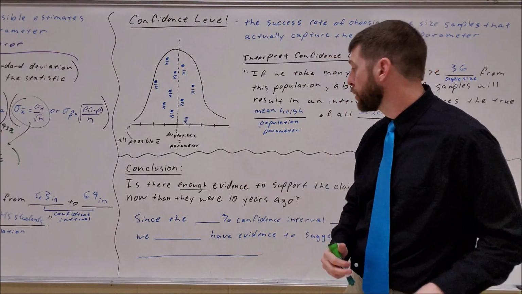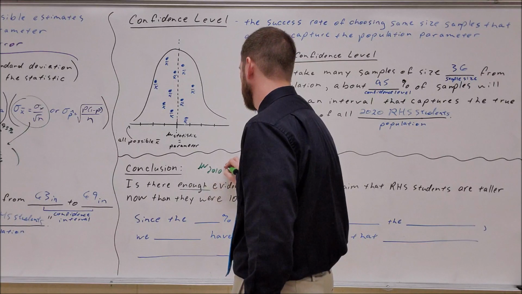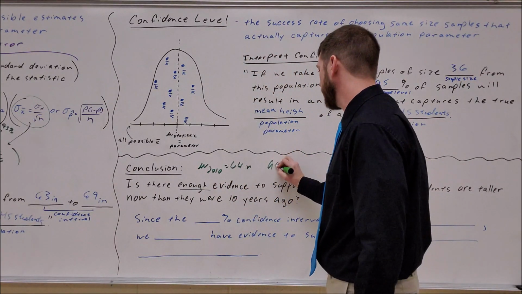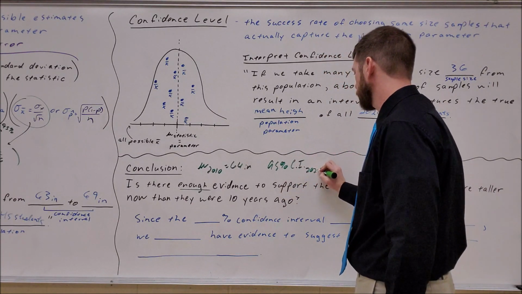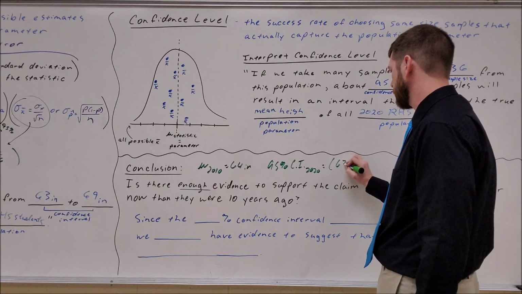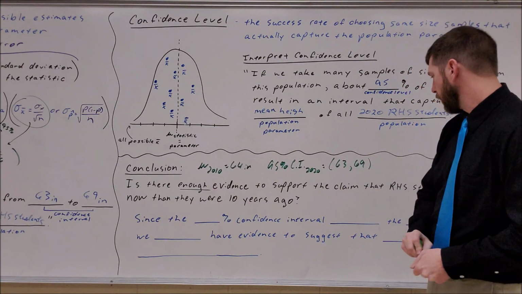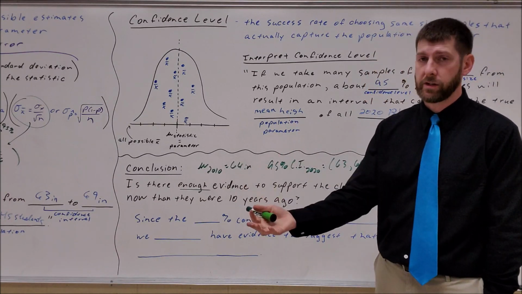So let's compare what we know. We know that the mean height back in 2010 was 64 inches. We know that the 95% confidence interval for 2020 was from 63 to 69 inches. When we want to know if there is evidence that they're taller now, we first want to know, are they different?